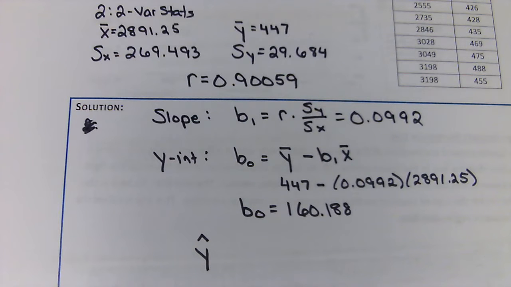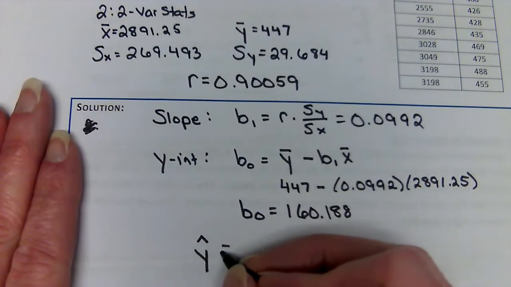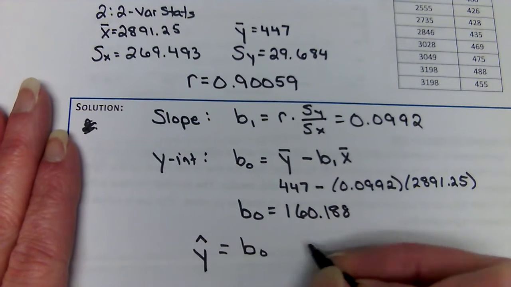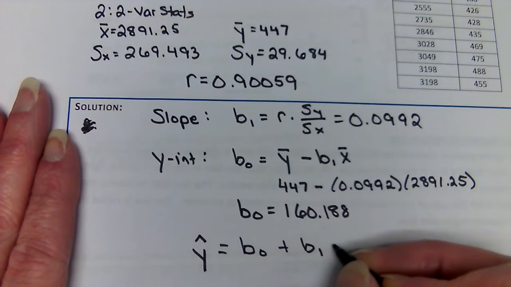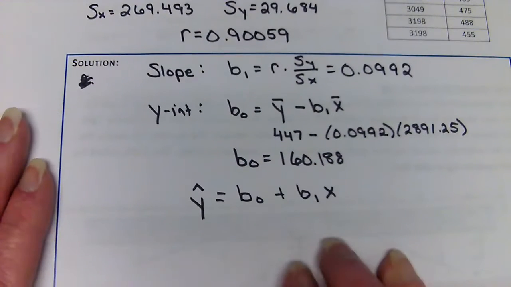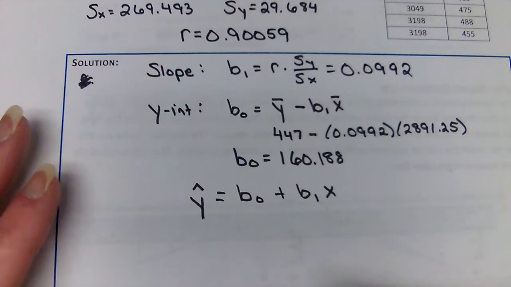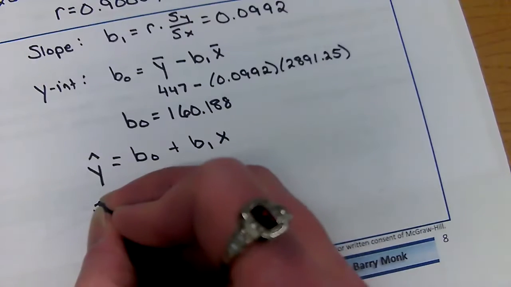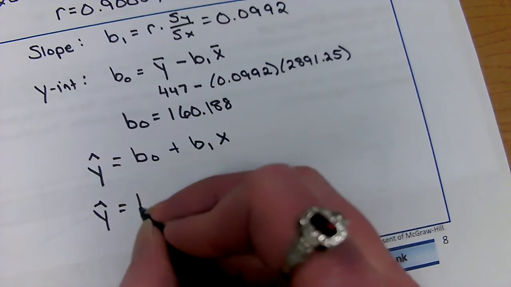It's just an estimation of y. It's a prediction of y is going to equal my y-intercept plus my slope times the x value. And this is the form you're going to see on most of the homework. So let's go ahead and write it by hand, then we'll do it in the calculator as well.